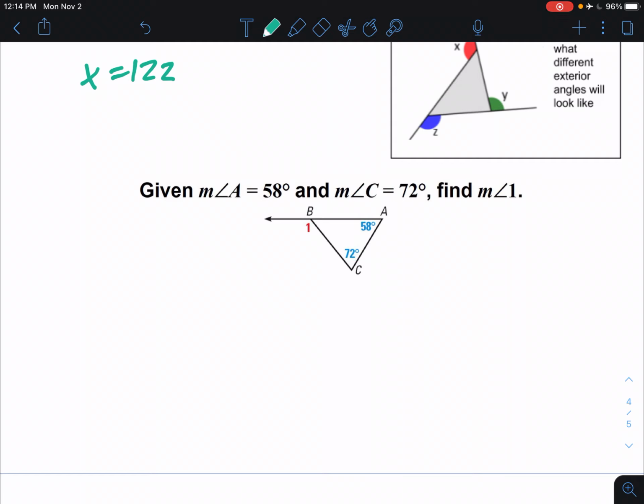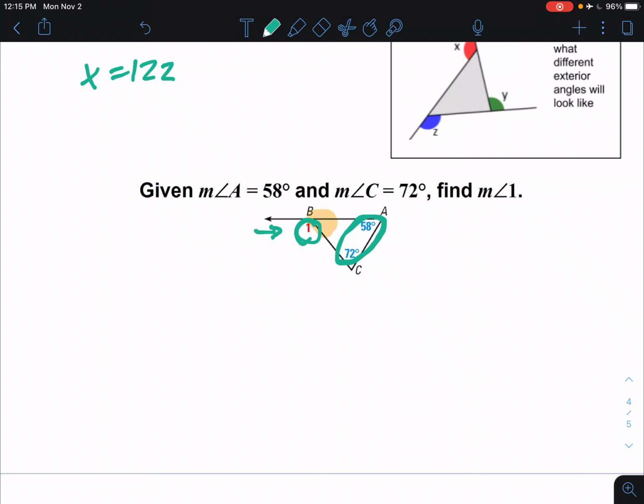So let's take a look at this example. I have angle 1 here, and I have these angles over here. Now, if I color this in orange, this angle right here, angle ABC, you could tell me that angle ABC plus these two angles is going to equal 180. You could also tell me that angle ABC in orange plus angle 1 would be 180 as well.